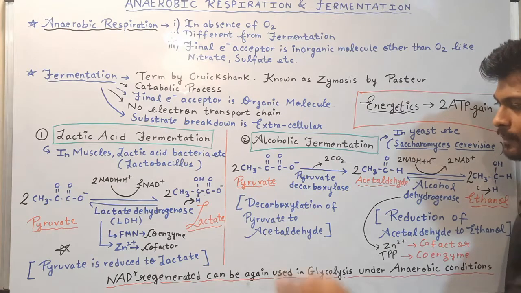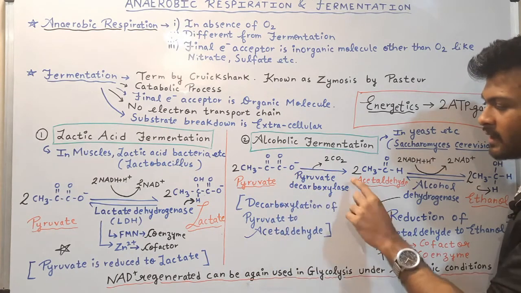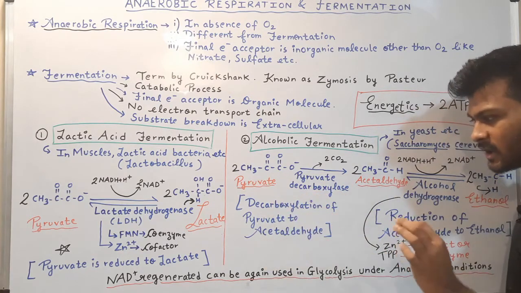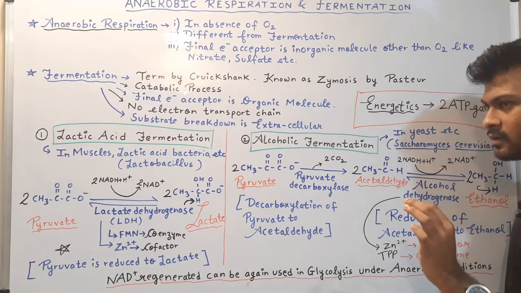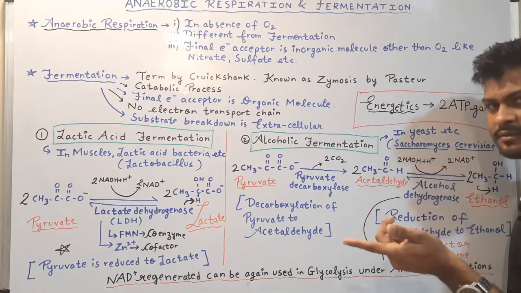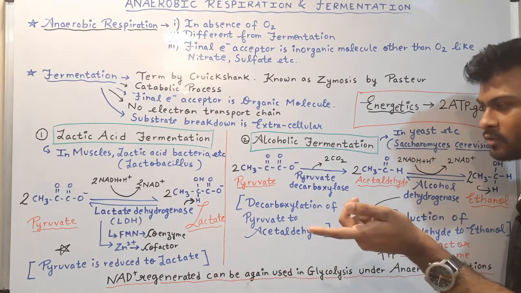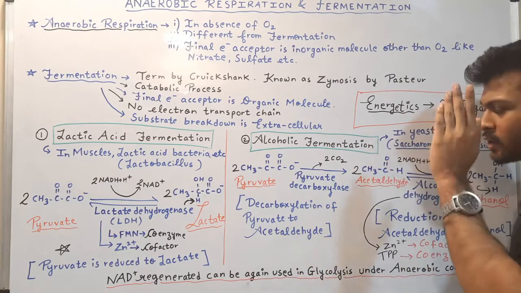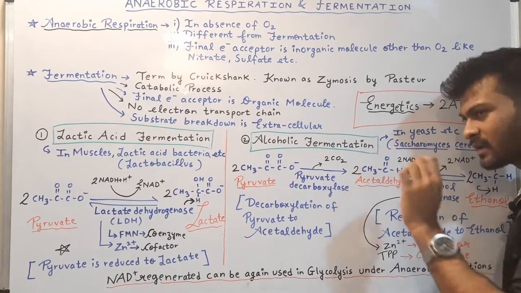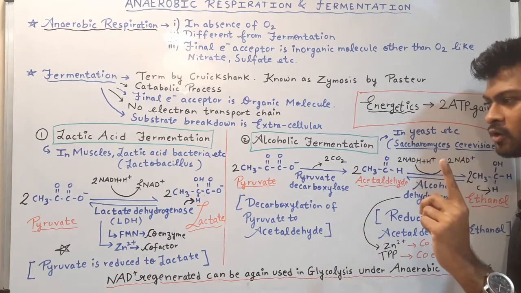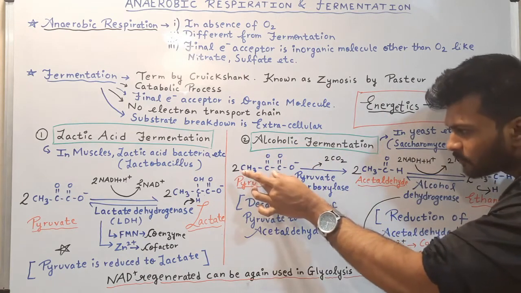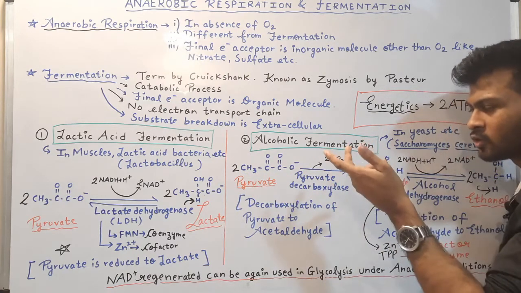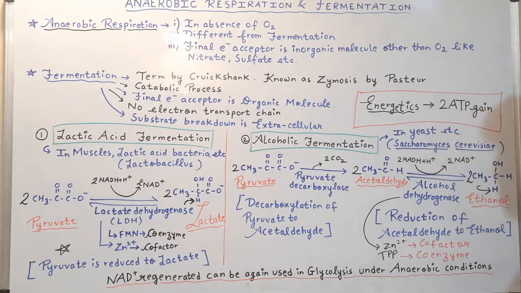Pyruvate gets converted into acetaldehyde by the enzyme pyruvate decarboxylase. The name itself suggests that decarboxylase carries out decarboxylation reactions, meaning removal of a carbon dioxide molecule. So 1 molecule of pyruvate can get converted into 1 molecule of acetaldehyde by the removal of 1 carbon dioxide molecule, but since 2 molecules of pyruvate are involved here, 2 molecules of carbon dioxide will be released to form 2 molecules of acetaldehyde.